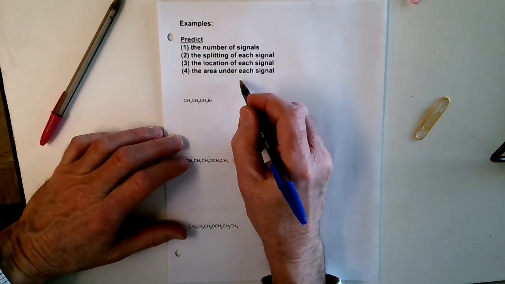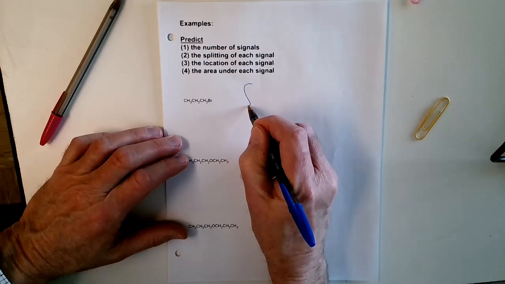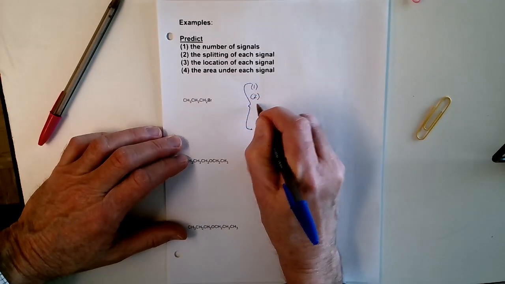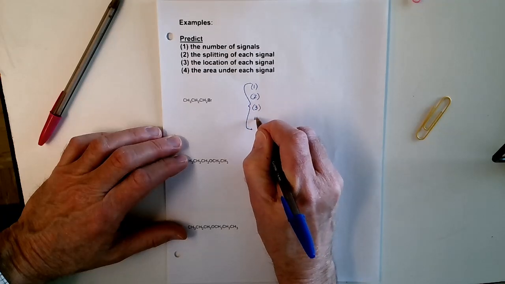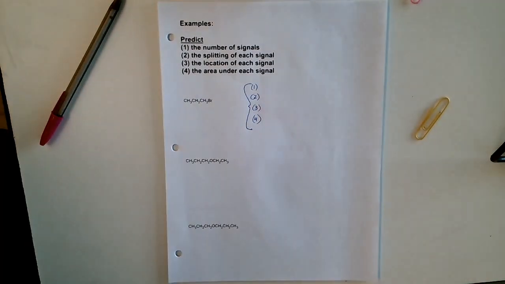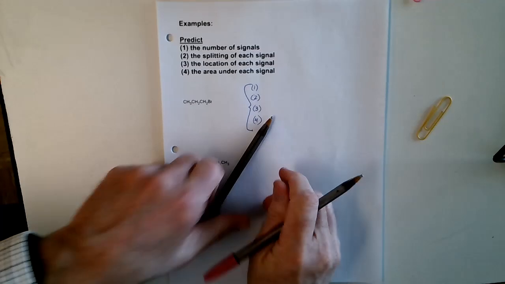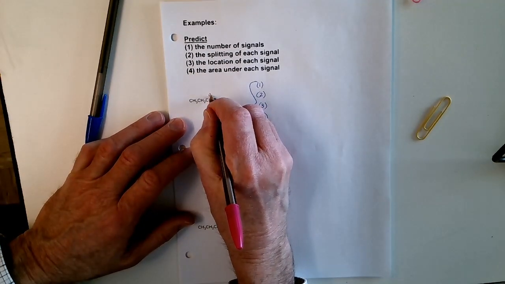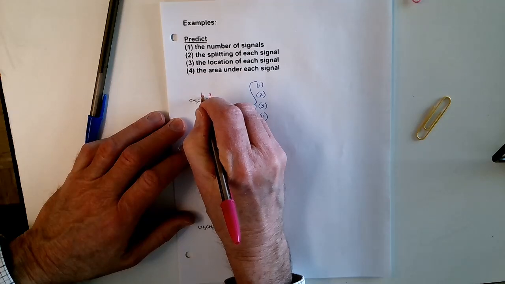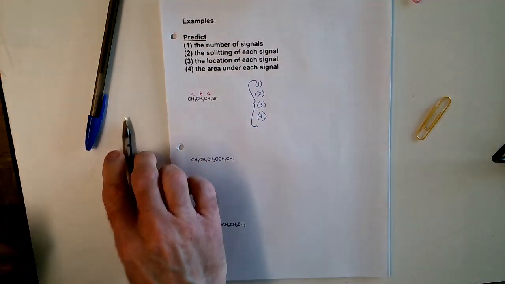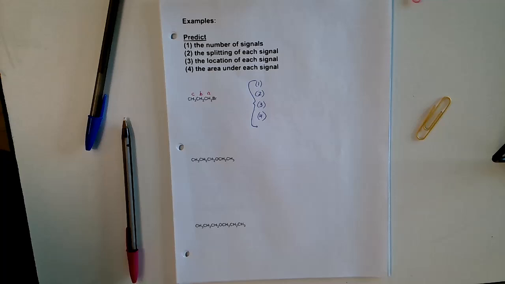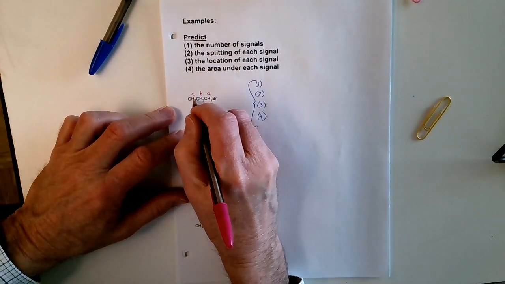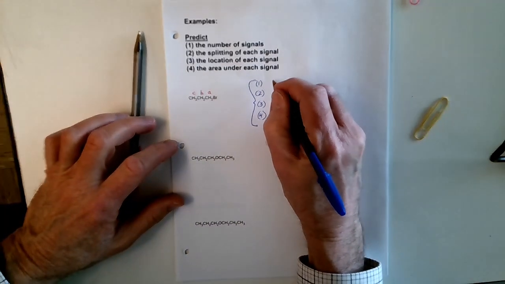Okay, so this first one right here, number 1, number 2, number 3, and number 4. Okay, the number of signals. Okay, remember what we did before? Kind of gave each one its own letter if it was its own unique set. And there are 3 unique sets right there, A, B, and C, I think is what we call them. The splitting of each signal. Okay, now number of signals should be 3.